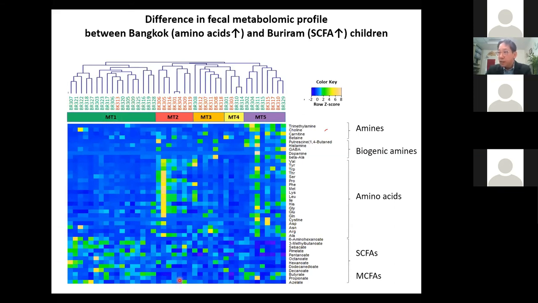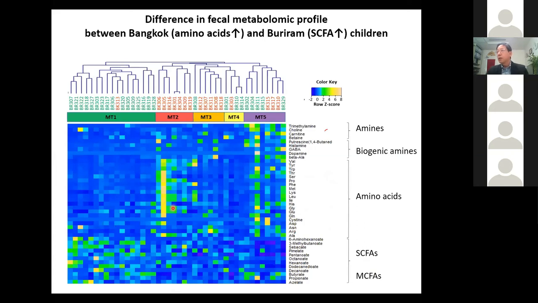And these are the short chain fatty acids. Okay, and these are amino acids. So the gut microbiota in Buriram children are very rich in short chain fatty acid, while those in Bangkok children are abundant in the amino acid.